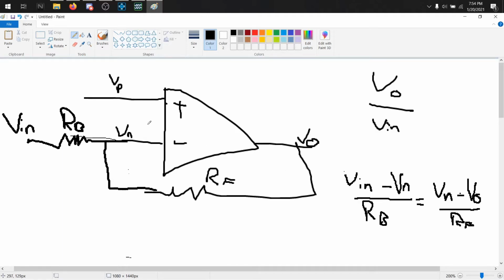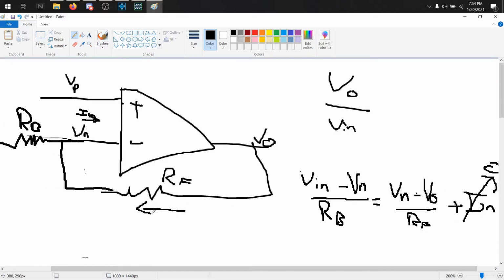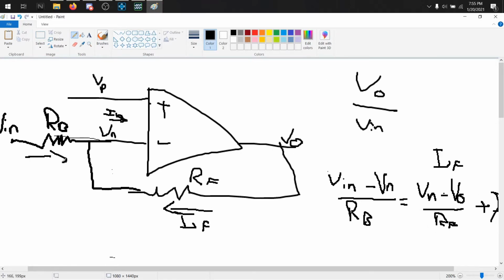And you know that there's a current here, IN, so you get plus IN. But IN should be 0, so just omit it. So you have the current going here, IF, which is this, and you have the current going here, which would be, say, IN.